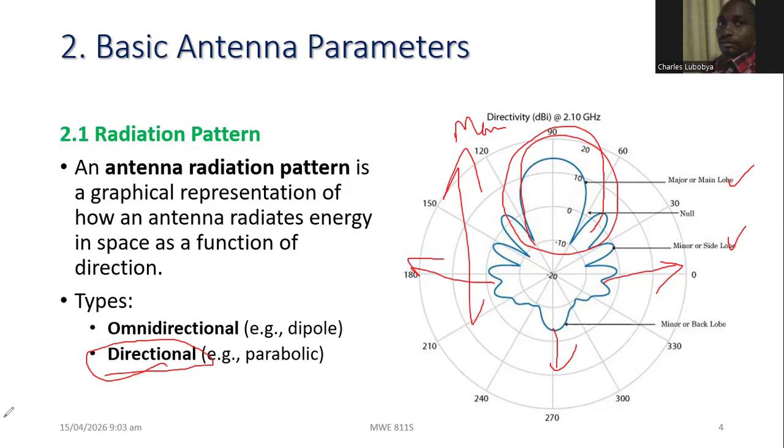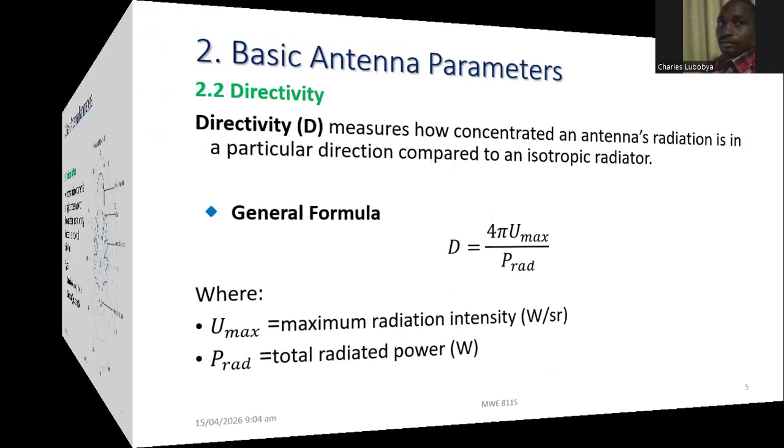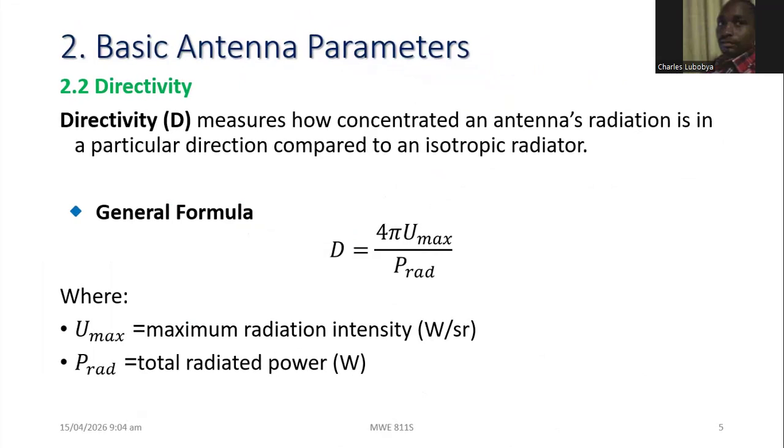Okay, so let's look at another parameter of interest. But maybe before we go there, you'll be interested to know that as we talk about these radiation patterns, you can actually measure how concentrated an antenna's radiation pattern is in a certain direction. And that measurement is usually taken with a reference antenna, which we call an isotropic antenna or radiator.